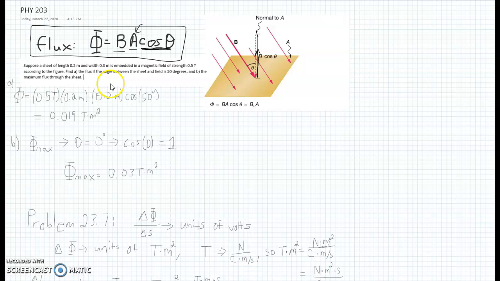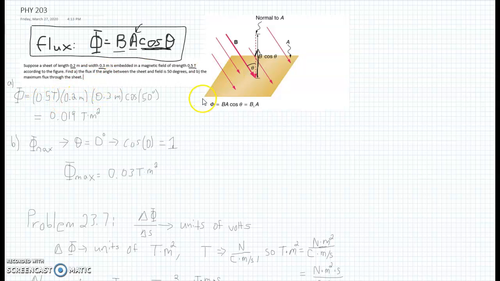And then part B, what is the maximum flux through the sheet? So if I reorient either the field or the sheet so that the flux is maximized, then what will that flux be? In the first case, we just take our values and plug into the definition of flux. I've got my 0.5 Tesla field, 0.2 meter length, and 0.3 meter width.